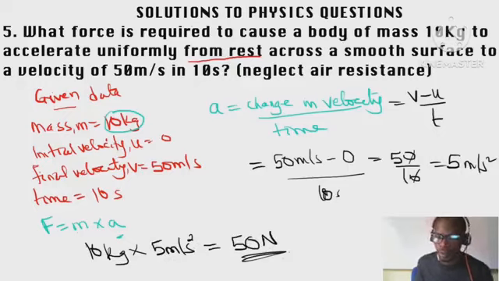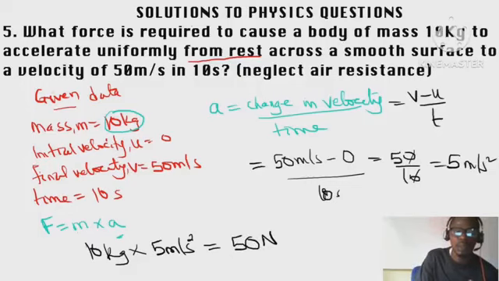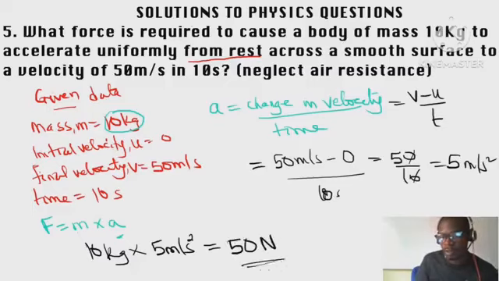That's the unit of force, 50 newton, and that's how you calculate your force. So you can see the way we have calculated our force based on the question you are asked. So let's see how we solve more questions.